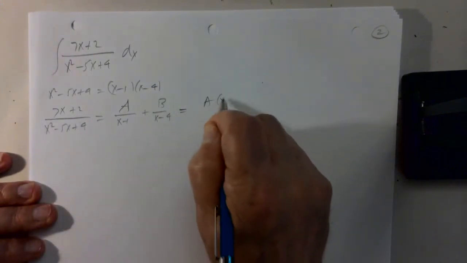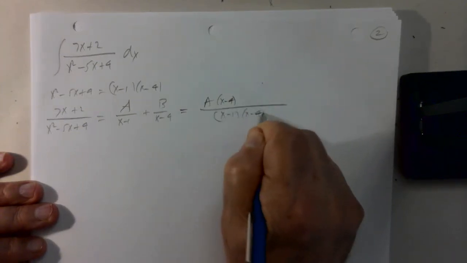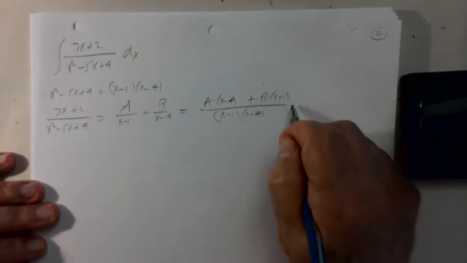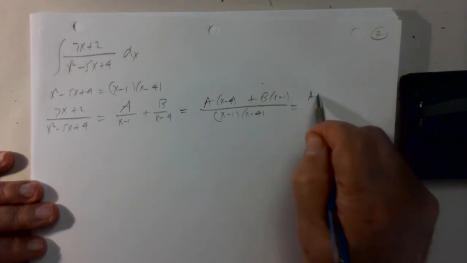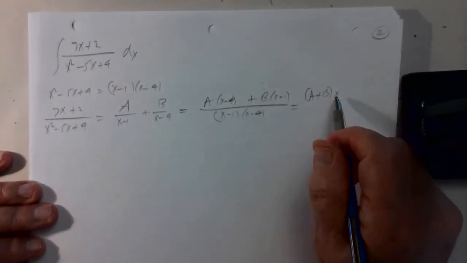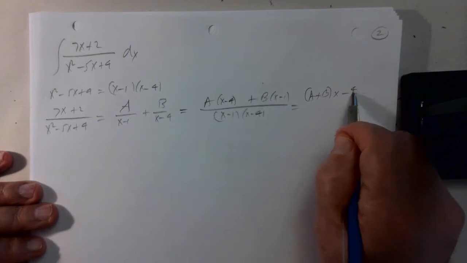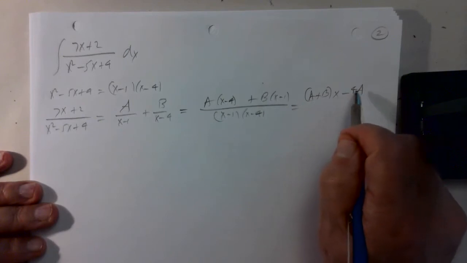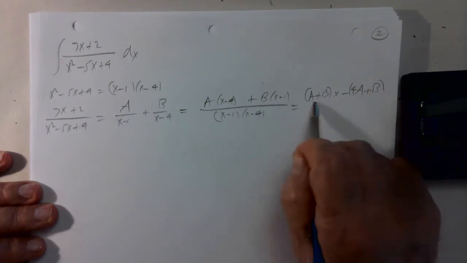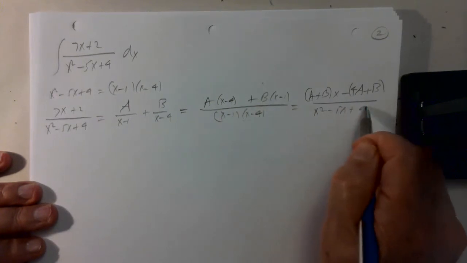So this is a times x minus 4, putting everything over this common denominator, plus b times x minus 1. So this is a plus b times x minus 4a minus b, or minus the quantity 4a plus b. This is x squared minus 5x plus 4.